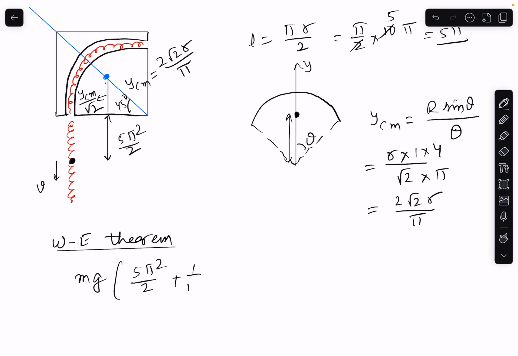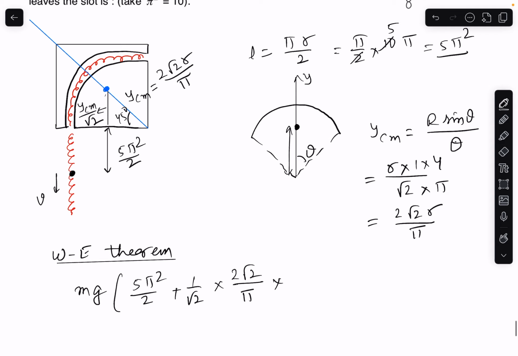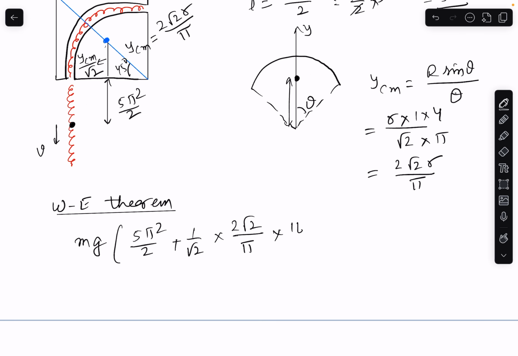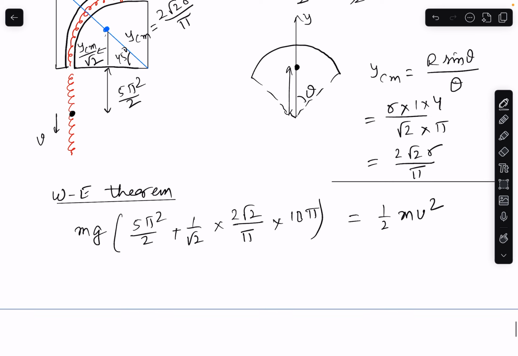So 1 by root 2 multiplied by y_CM, which we have calculated as 2 root 2 r by π, and the value of r is 10π. This should be equal to the change in kinetic energy. Since the initial kinetic energy is 0, the final kinetic energy minus 0 will be half mv squared.